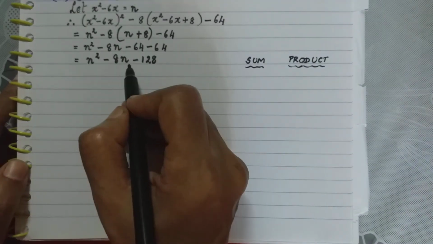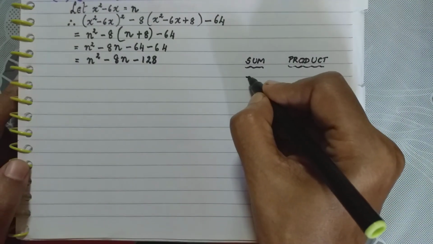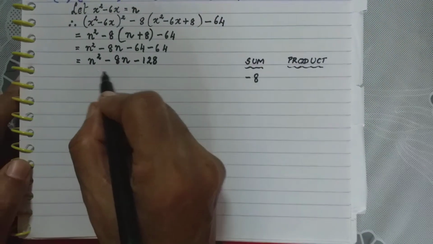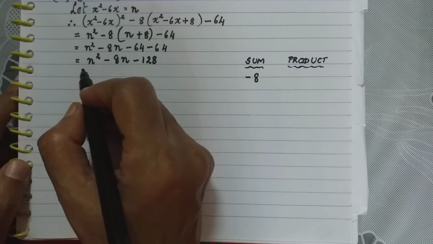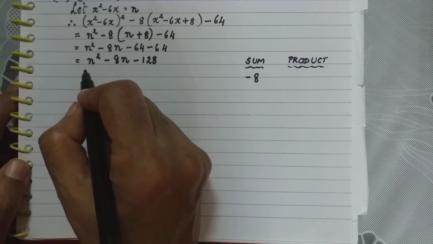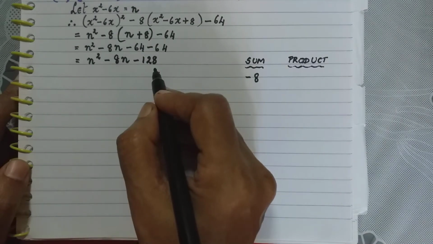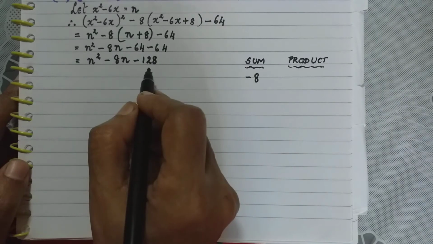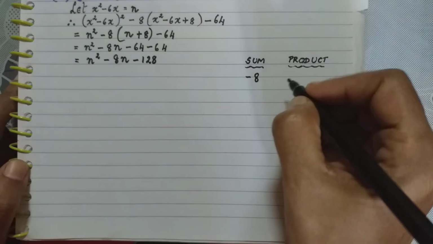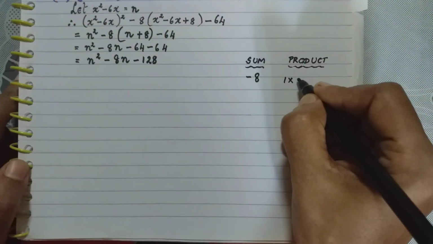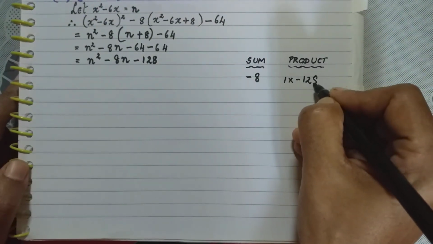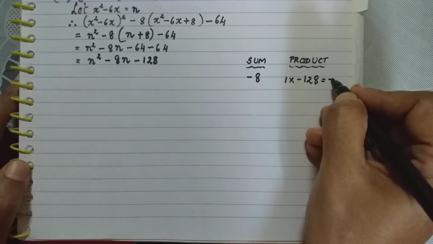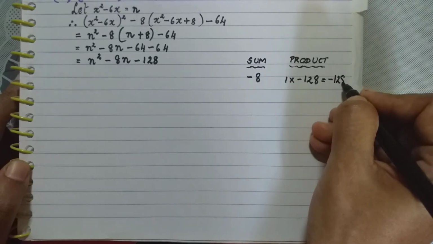Sum is the coefficient of n, that is minus 8. The product is the product of the coefficient of the square term with the constant term, that is 1 into minus 128, which is minus 128.